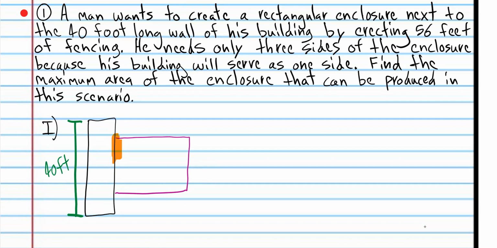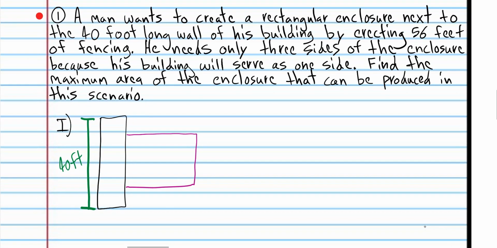And obviously this side of the enclosure cannot be longer than 40 feet, because then it wouldn't be an enclosure anymore. For example, if you did something like this, well, you've got blue gaps in the enclosure, right? So that can't be. So we have some restrictions on this picture.